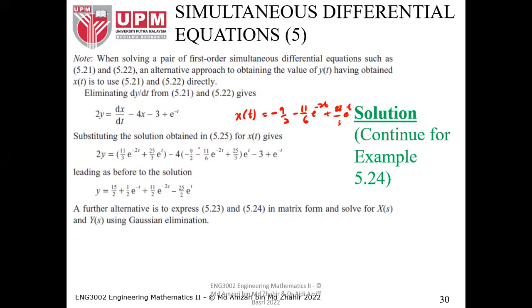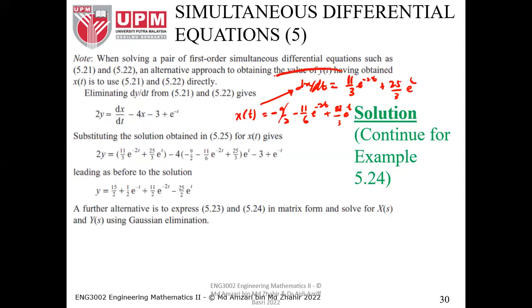So you substitute this one inside here. The first one is dx/dt, so you need to differentiate this into dx over dt. The answer of this differentiation is 11/3 with exponent negative 2t, plus 25/3 with exponent t.